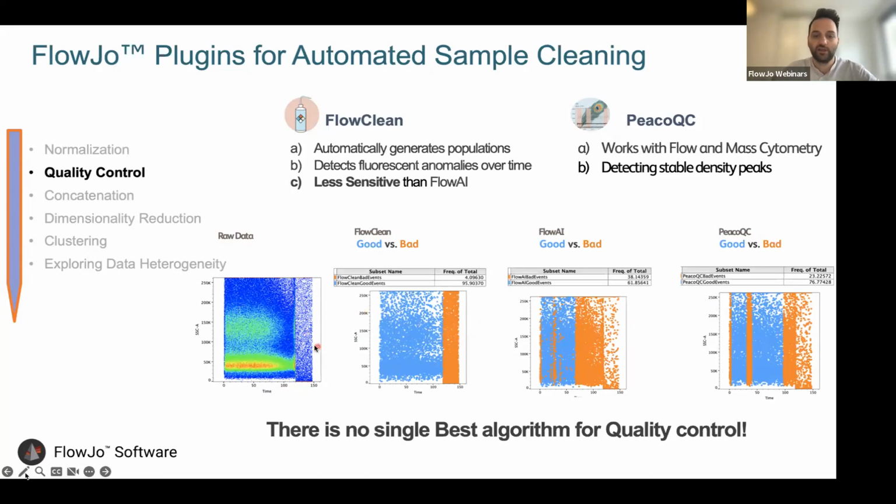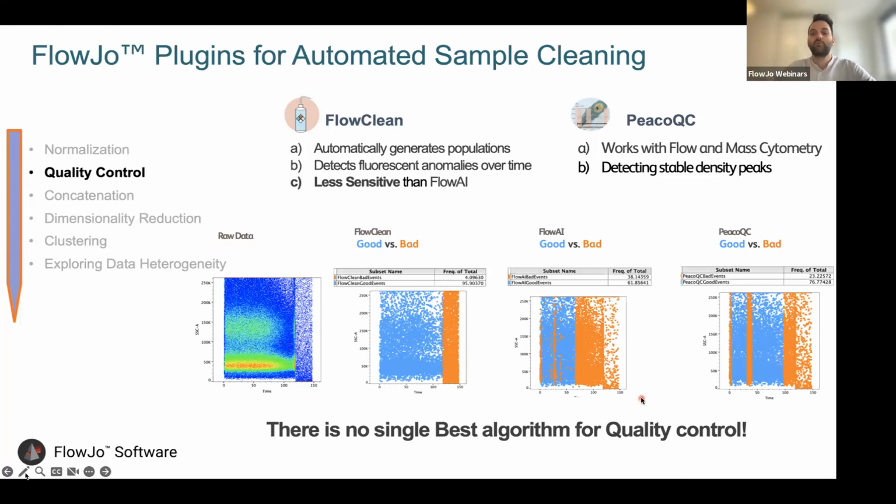So with Flow Clean, I remove this area here. With Flow AI, which tends to be a little more aggressive, we have significantly more events removed from the acquisition. And also with Peacock, we have probably something in the middle. So we have both the end after the interruption and also a part before the interruption.